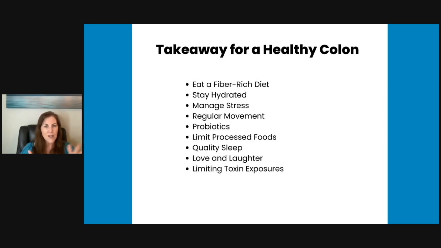Regular movement, that can just be walking, super easy, taking probiotics. Now, we also said taking prebiotics, limiting processed foods, limiting sugar, getting enough sleep so the healing process can actually occur. Love and laughter. Being happy really causes a release of some wonderful hormones that keep us nice and healthy, and then limiting toxin exposure.